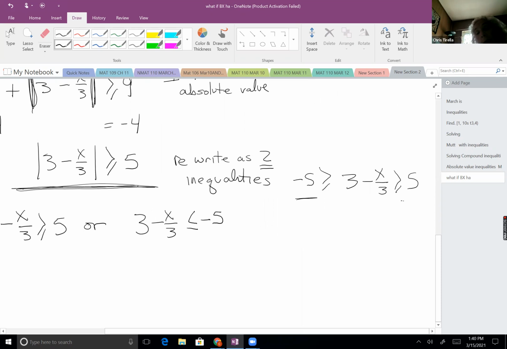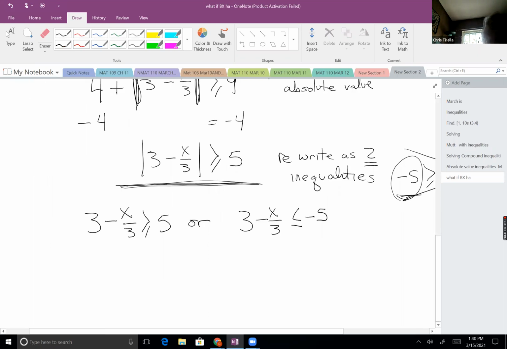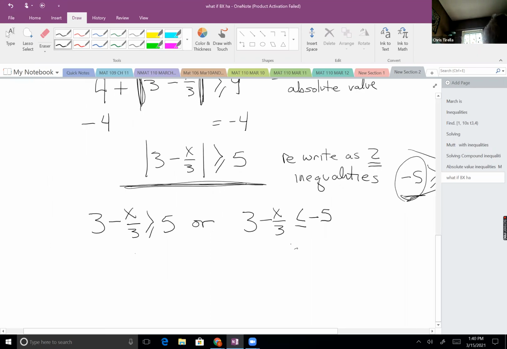And as I look at that, do you see that right now we're saying that -5 is bigger than 5, and that doesn't make any sense. And since that does not make any sense, I do need to break it into those two separate inequalities. I don't know if that helps anybody or not. I do remember that line of reasoning helping me determine that when it's greater than, I've got to make two separate inequalities, as opposed to when it's an absolute value less than, I can treat it as a compound inequality.